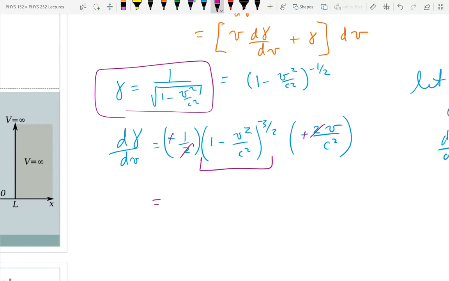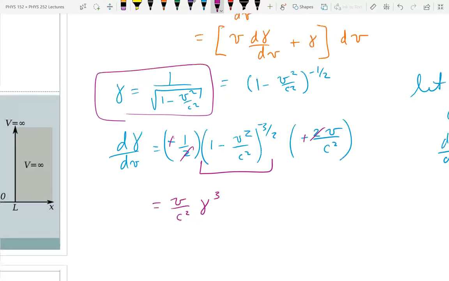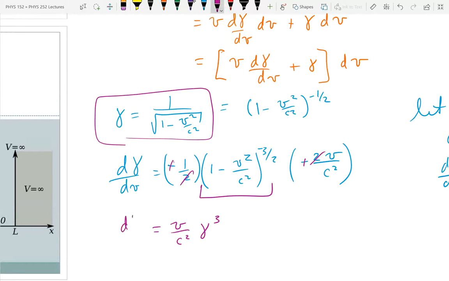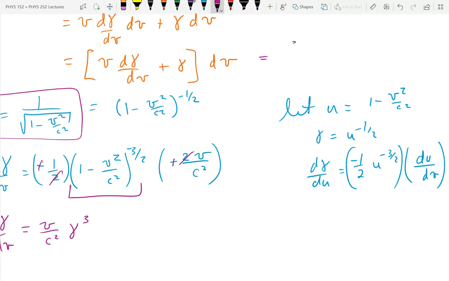And so I can shorten my writing by saying this is equal to v over c squared gamma cubed. So that means this here is equal to v times v over c squared gamma cubed plus gamma dv. And of course, v times v over c squared, yeah, I just can.